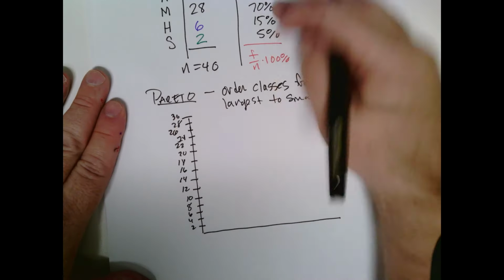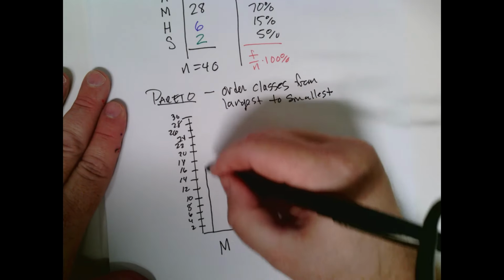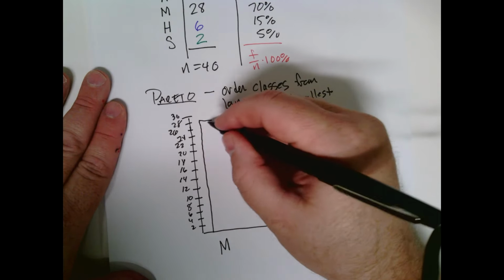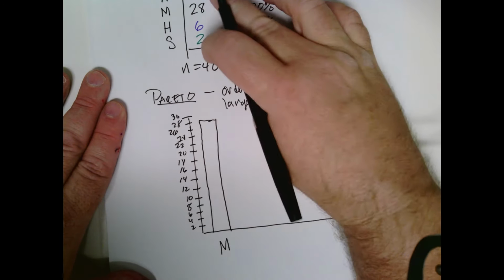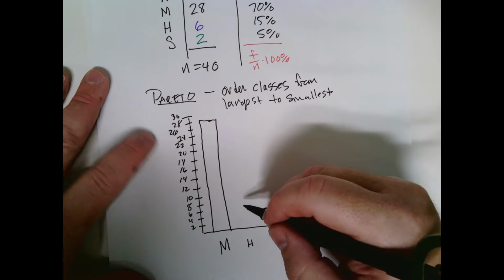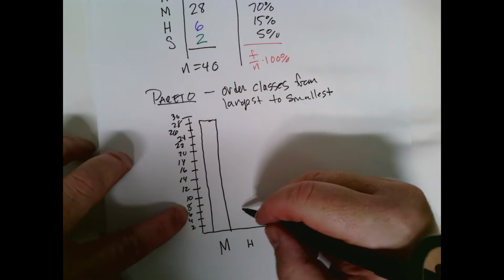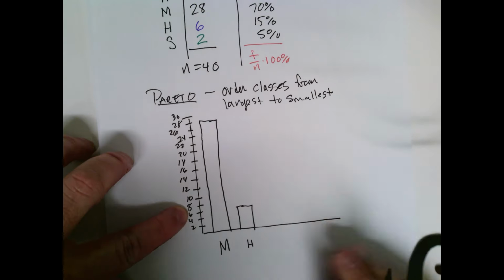Alright, so our largest class is M. So I'll draw a bar, it goes up to 28, come back down. Now the next largest class is H, which would be 6. And that goes up to 6, which is right here. Try to make it the same.